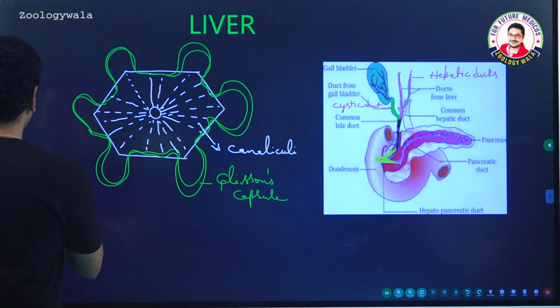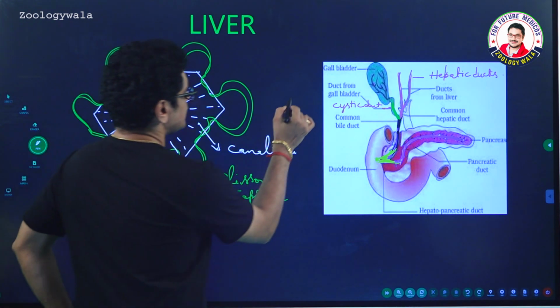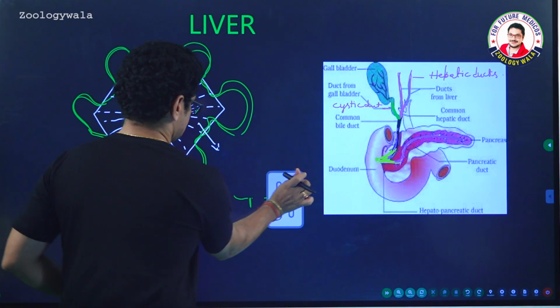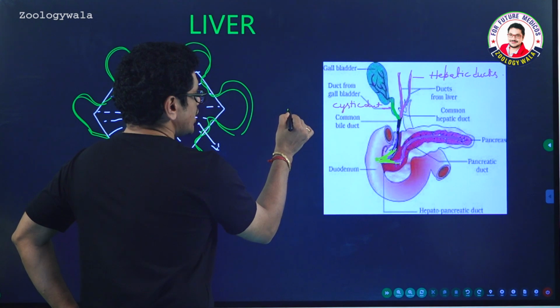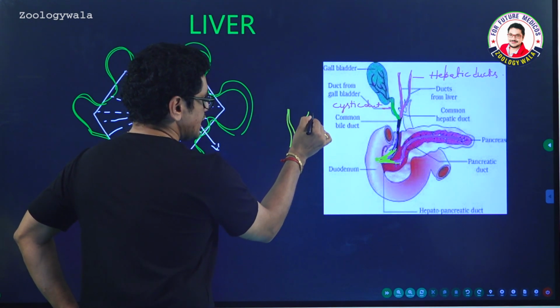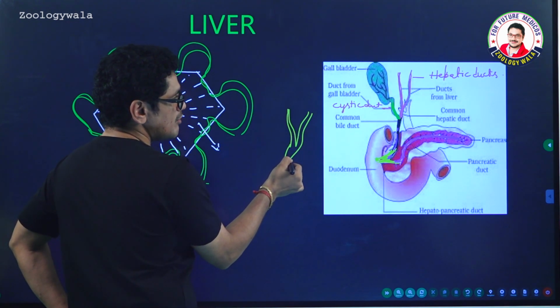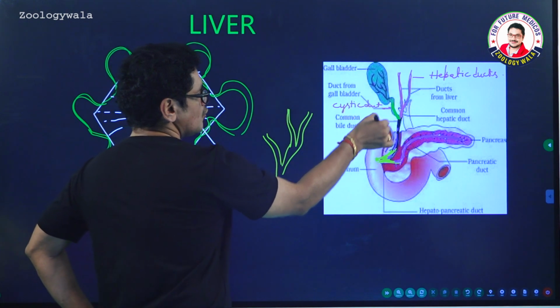Let me draw the same diagram for the sake of you here. And now let me erase this. See, now this is one hepatic duct and this is another hepatic duct. These two hepatic ducts combine to form common hepatic duct, and it combines with the duct coming from the gallbladder.